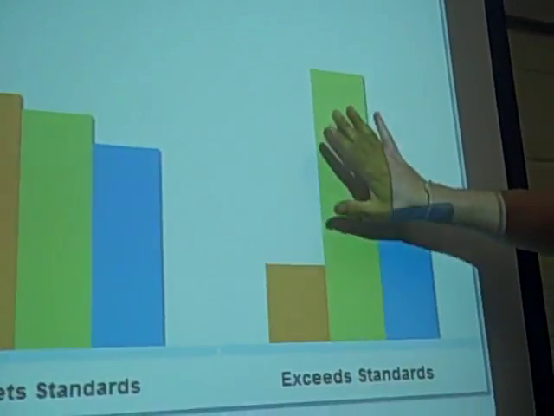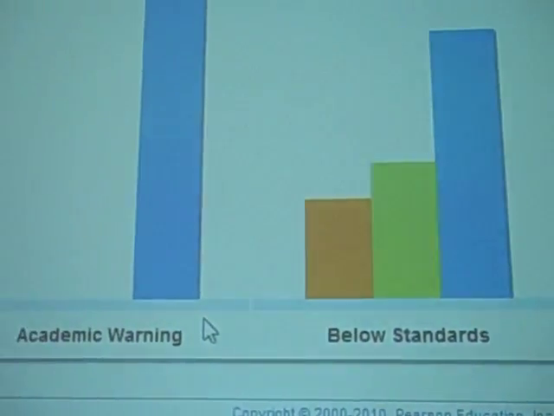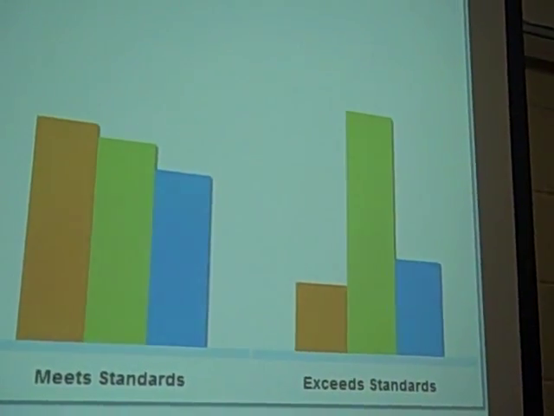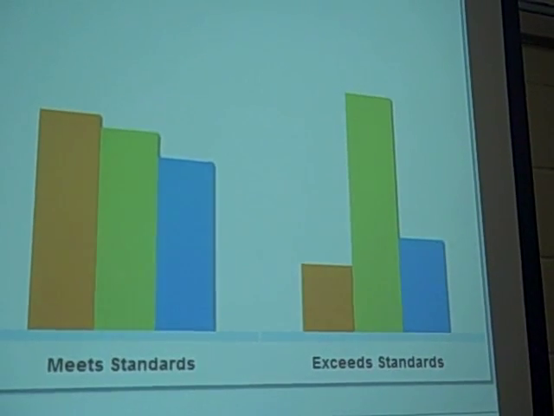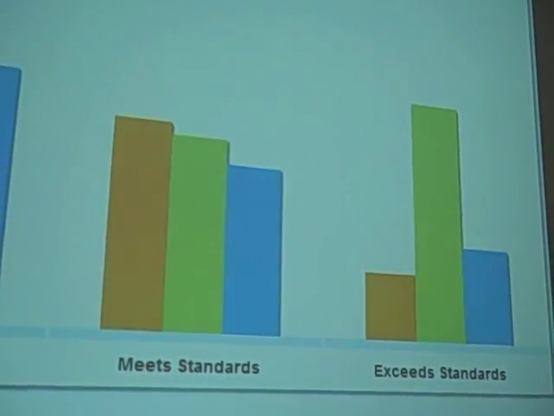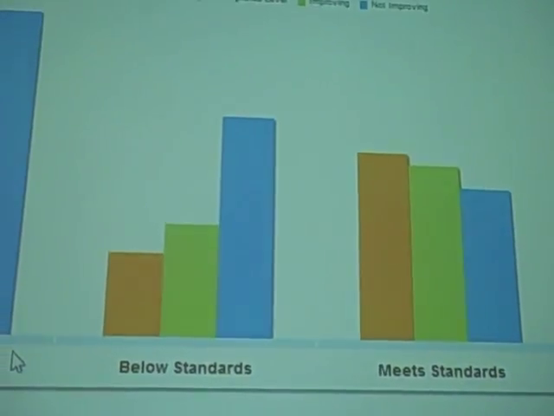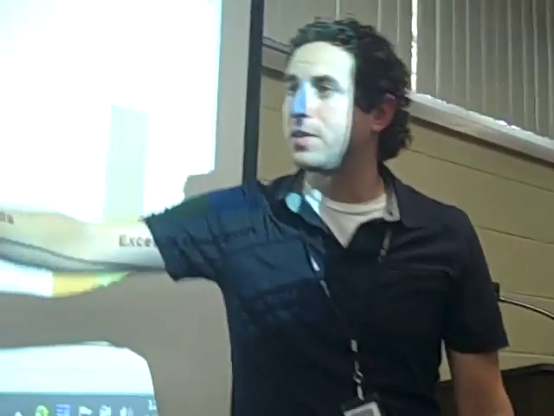So, remember, take everything else off except the orange, and you're looking at a graph of last year's 7th graders. So, in June, when we got the ISAT scores, if you'd have come over to my house when I was uploading them and said, hey, how did our 7th graders do in reading on ISATs? And I had just run that graph, the orange graph is all you would have seen.